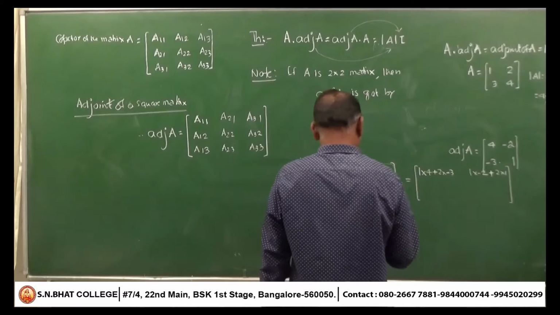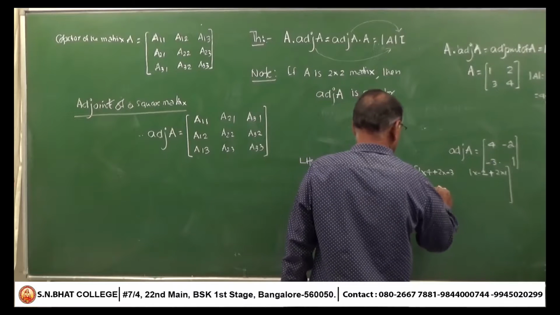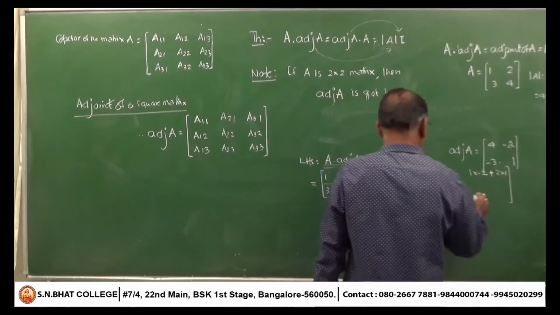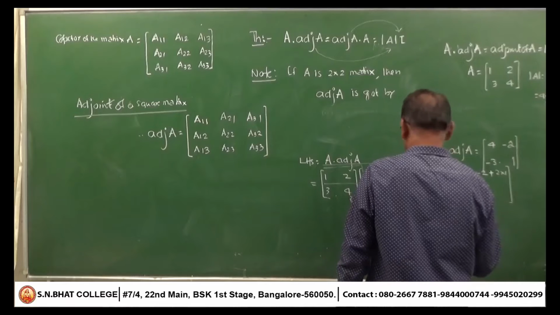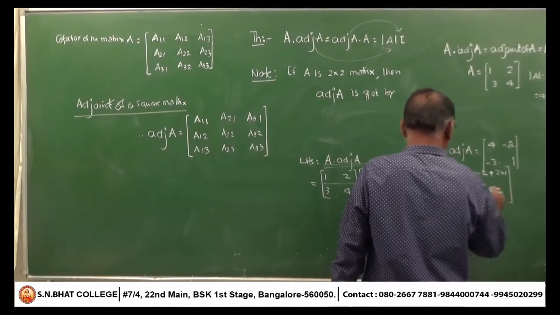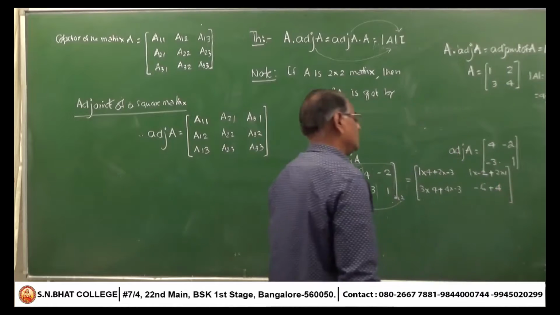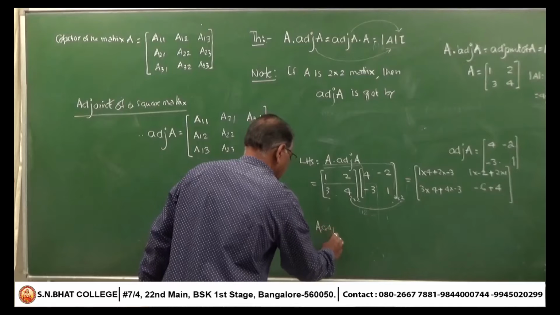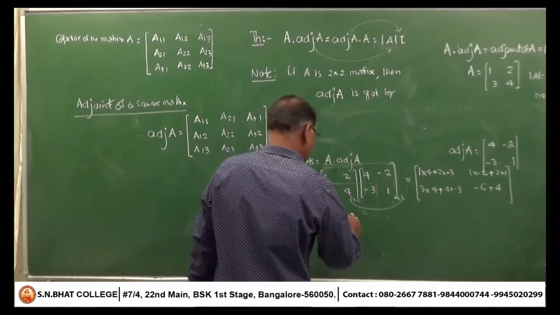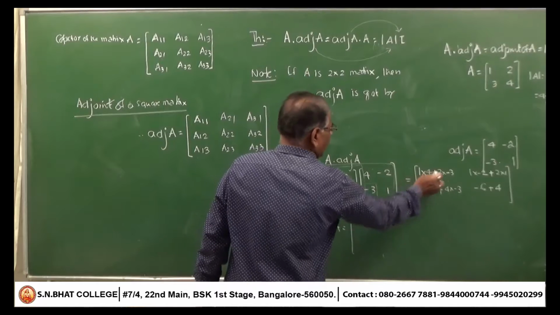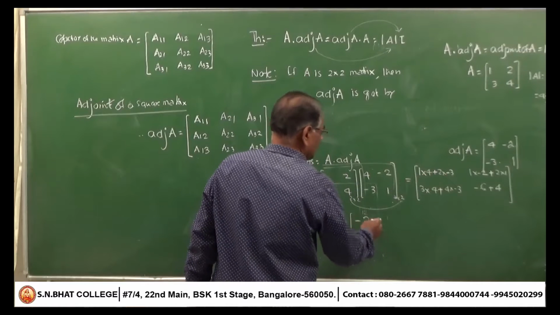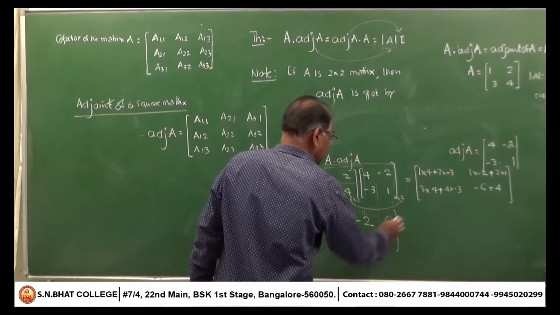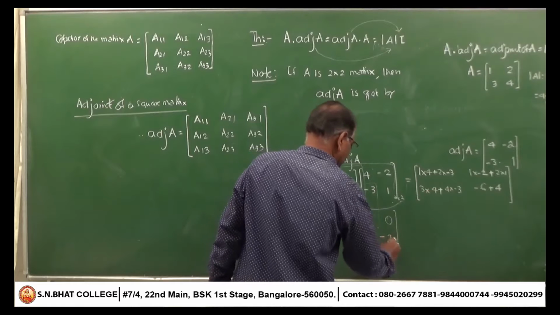Next, second row: 3 into 4 plus 4 into minus 3. Next, 3 into minus 2 is minus 6 plus 4 into 1 is 4. Therefore, the left hand side, A into adjoint A, is the matrix minus 2, 0, 0, minus 2.